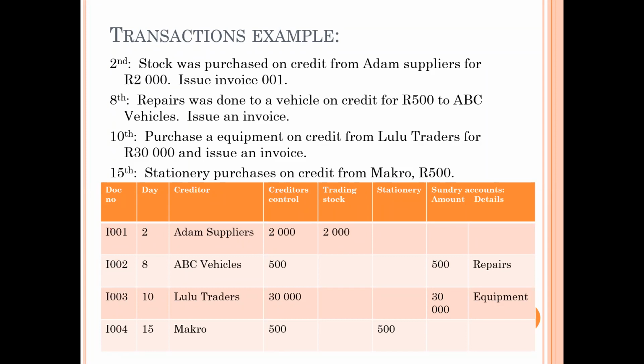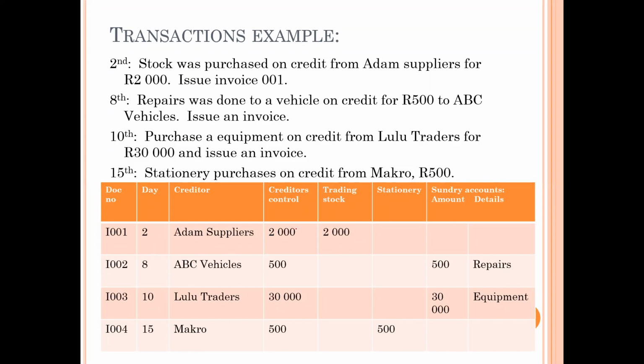The first column is the document number column. There you have an invoice as your source document. So every time it will be an I for invoice and whatever the number is going to be. Remember, normally with the first transaction, they will give the first invoice number and you automatically need to continue with the next number. Day is the day on which the transaction happened. Creditor or details, you look out for a name of a business in the transaction.